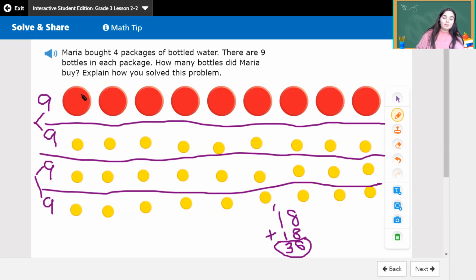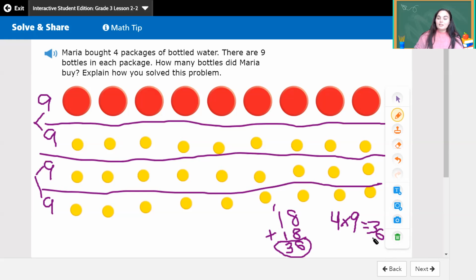You could have also counted 1, 2, 3, 4, 5, 6, 7, 8, 9, 10, 11, 12, so on until you got to 36, but multiplication or grouped addition, like what I did just here, can really help us out here, okay? Otherwise, it would be 4 groups of 9 for multiplication to help us, because there's 4 packages, 9 bottles in each package, equals 36.